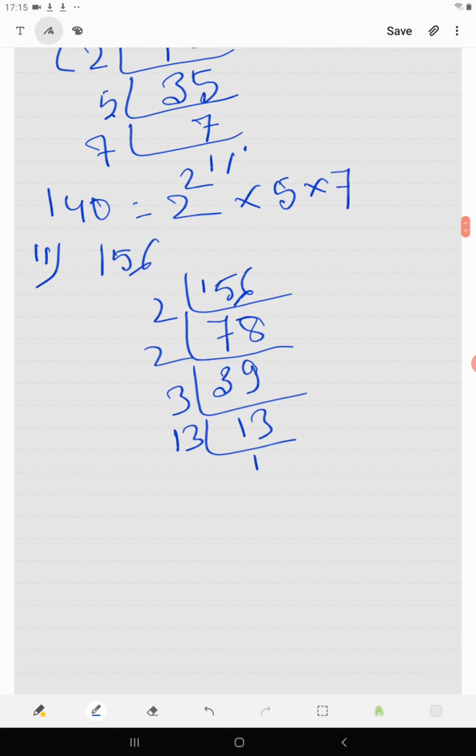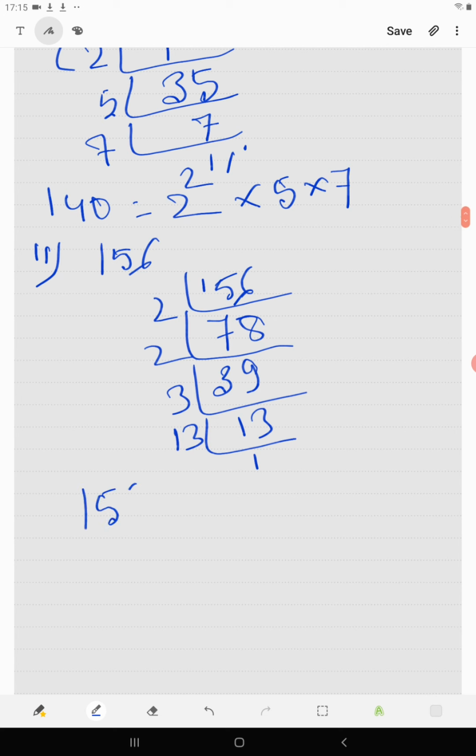So 156 can be represented, since there are two 2s, as 2 square into 3 into 13.